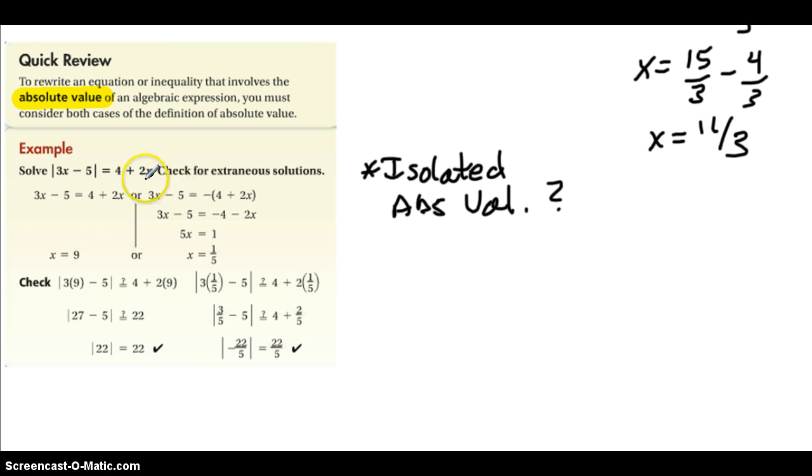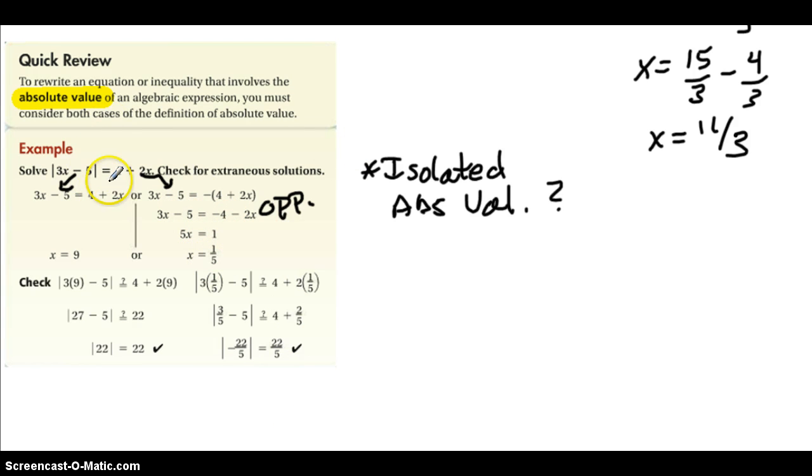Now, since it's isolated, we have to split it up into 2 problems. Drop the absolute value here and drop the absolute value here. Remember to take the opposite here. Simplify, subtract 2x from both sides, get the constants on the other side, x is going to equal 9. Here you're going to distribute the negative to change all the signs, that's fine. Then add 2x to both sides, then add 5 to both sides, and solve for x.